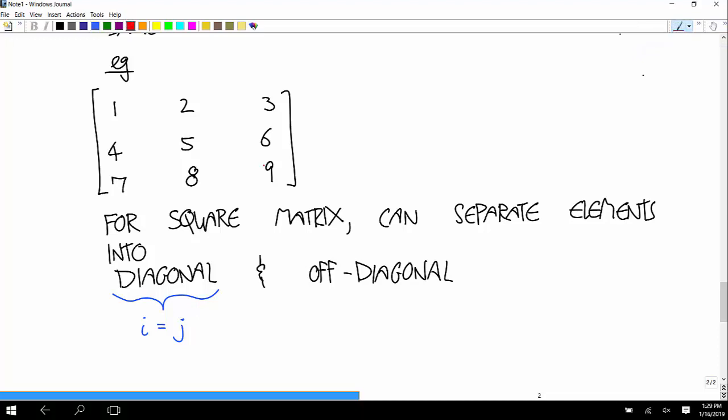Intuitively you would think there are two diagonals, that one and this one. But notice, this is element 1,1, 2,2, 3,3, and so those are the diagonal elements.